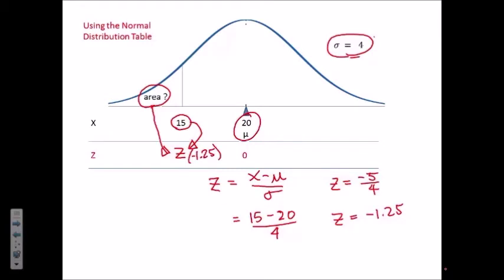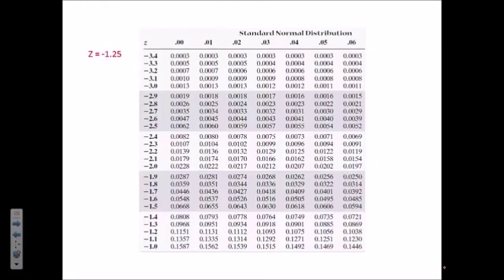Now we can change the z-score to an area using the table. Using the table, we know that z is -1.25. So we go down the z column until we see -1.2.